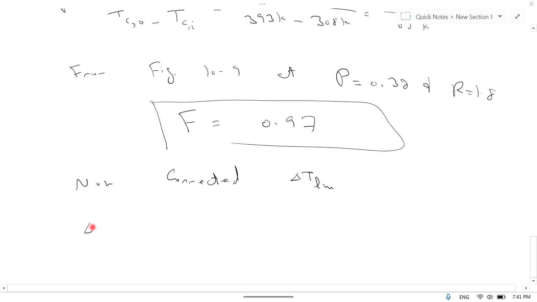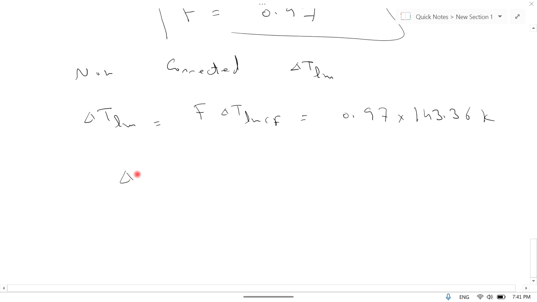So corrected log mean temperature difference is equal to F into log mean temperature difference per counterflow. F is 0.97, and the log mean temperature difference calculated by us is 143.36 Kelvin. It means that corrected log mean temperature difference is equal to 139 Kelvin.